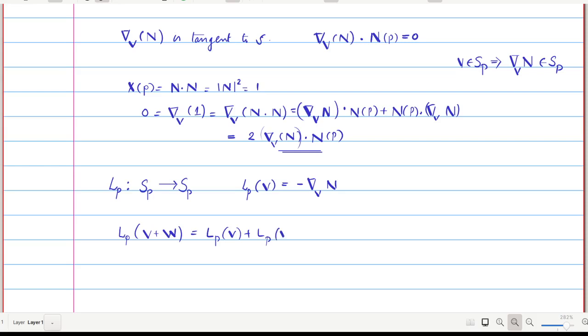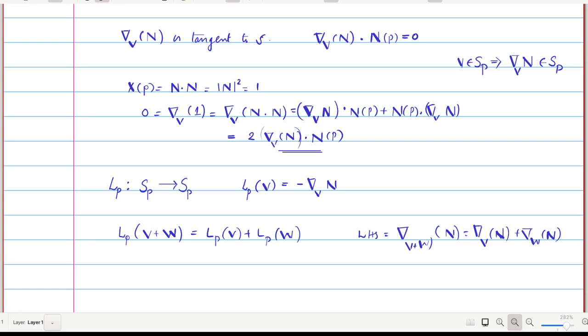This is because we know that the left-hand side is equal to del V plus W of n. By the property, this is del V of n plus del W of n. So LP of V plus W is equal to LPV plus LPW.